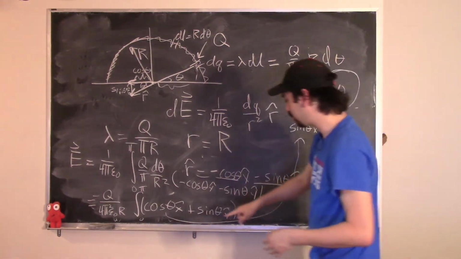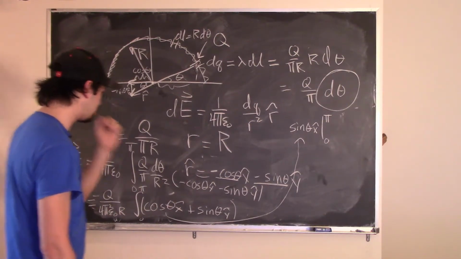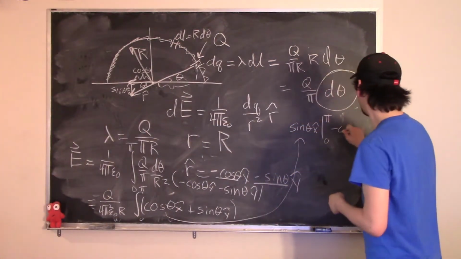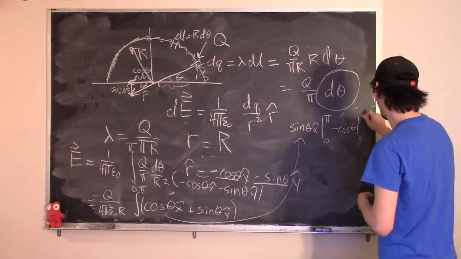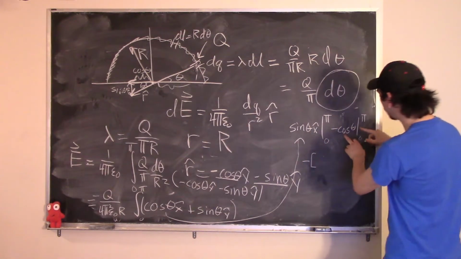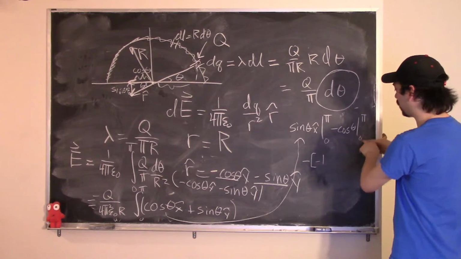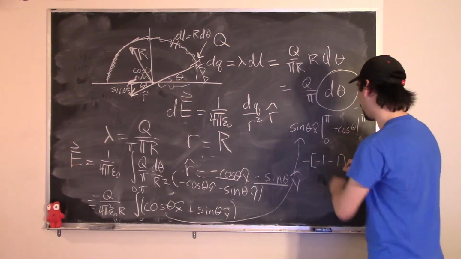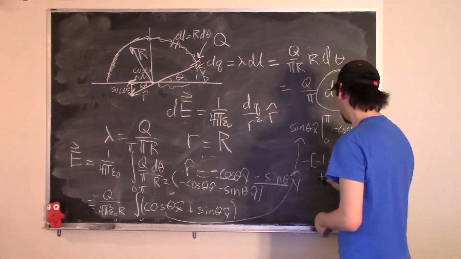And then this term is going to be a minus cosine of theta evaluated from 0 to pi. So this is going to be minus cosine of pi, which is -1. Cosine of 0 is 1, but I have to subtract that, so that's minus 1. And so this is going to give me ultimately a factor of +2.